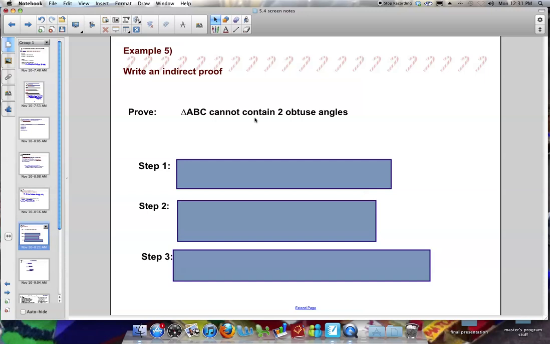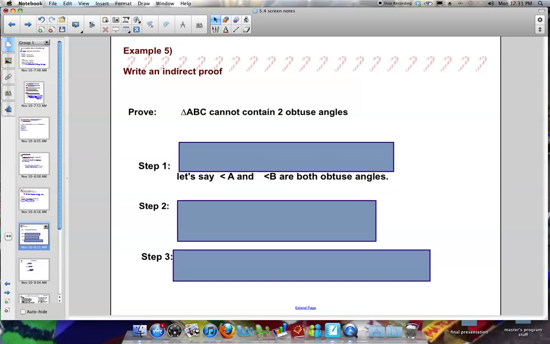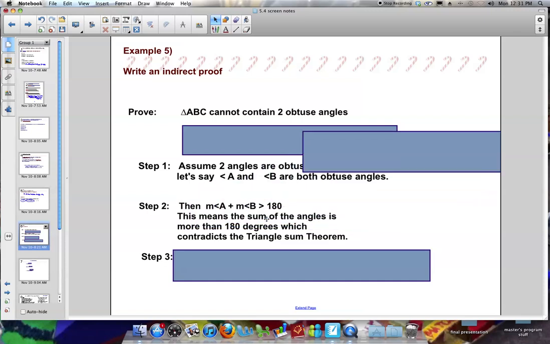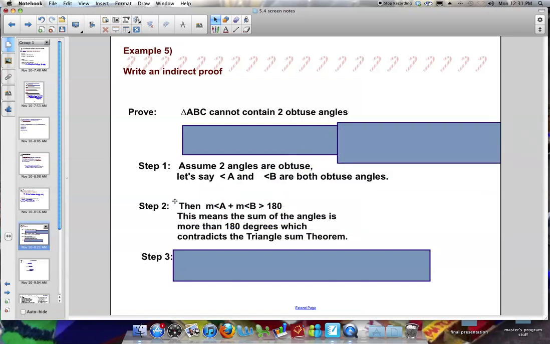Going through an entire indirect proof, you would start with, what I'm trying to prove is triangle ABC cannot contain two obtuse angles. So I would start in step one by saying the negation of that statement. I would assume that two of my angles, let's say A and B, are both obtuse angles, which means they both are greater than 90 degrees. I would then try and find a contradiction.